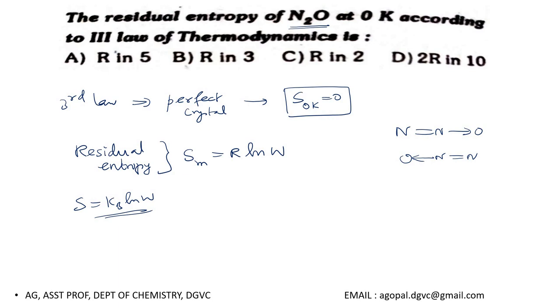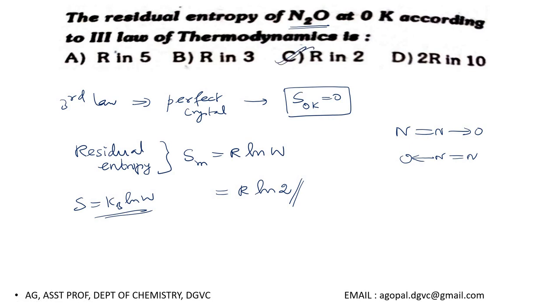Now, how many orientations are possible? 2 orientations, so W should be equal to 2 here. Therefore the molar entropy is R ln 2. This is the residual entropy associated with N2O at 0 Kelvin. So the correct option is option C.